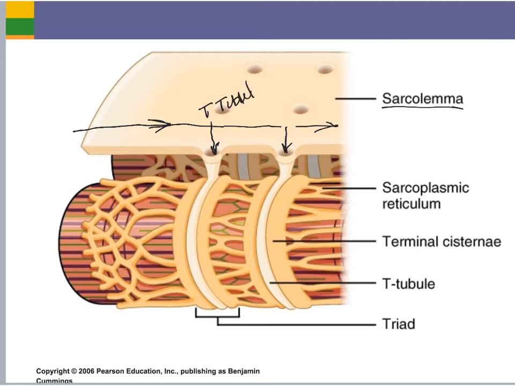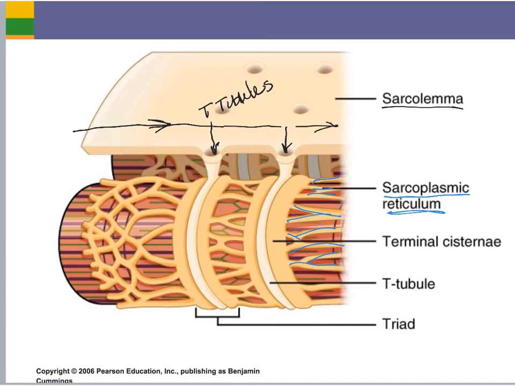And remember when I told you we were going to talk about the sarcoplasmic reticulum last week? Well, the sarcoplasmic reticulum looks like netting around the myofibril. So every myofibril has this sarcoplasmic reticulum net around it. And really, the sarcoplasmic reticulum is just a modified version of the endoplasmic reticulum that is in other types of body cells.